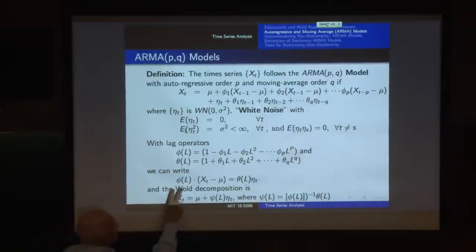If we multiply by the inverse of phi of L, if that exists, then we get this representation here, which is simply the Wold decomposition. So the ARMA models basically have a Wold decomposition if this phi of L is invertible.